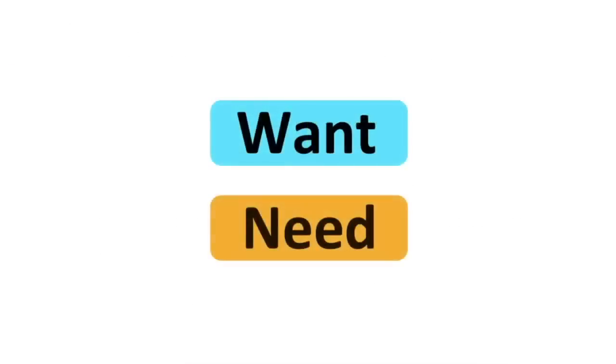Want, need. Want. Want refers to something you desire or like. Desires differ between people and over time. So you can desire to buy something or to have something, but this isn't necessary or essential for your living.